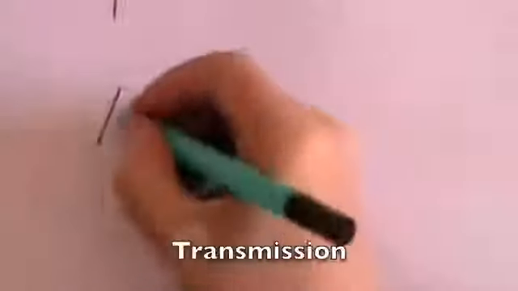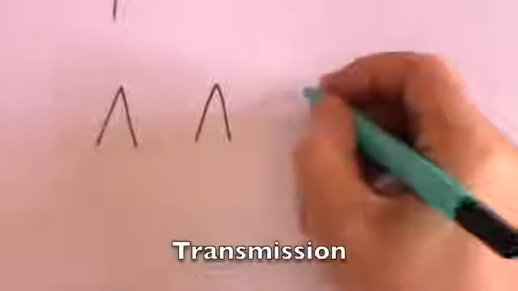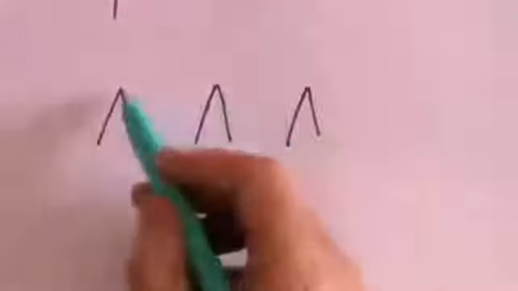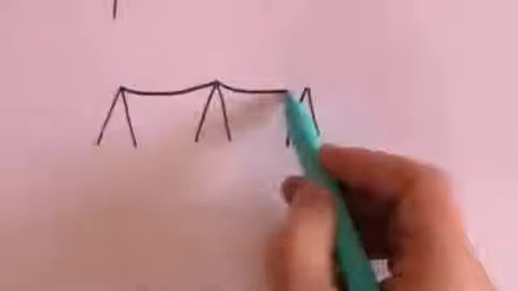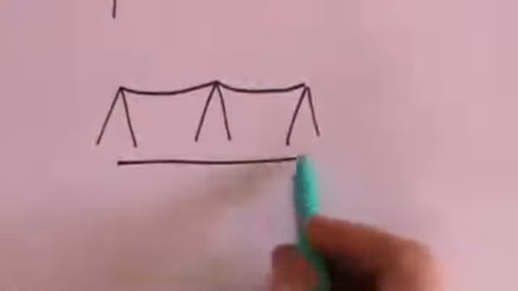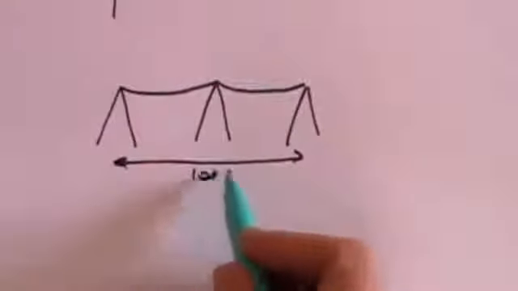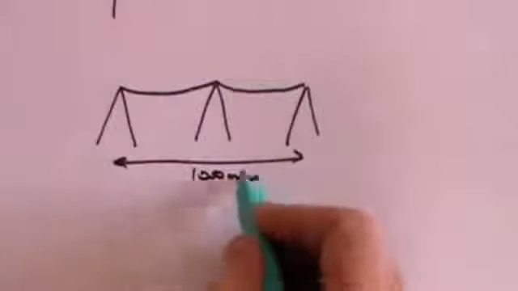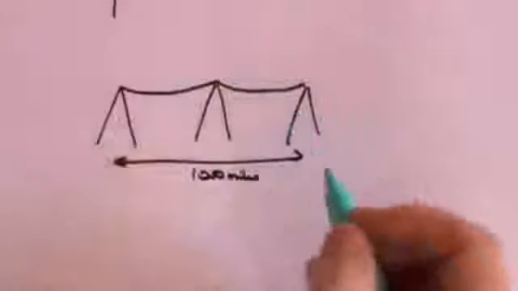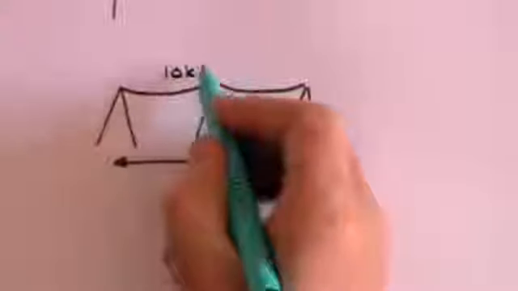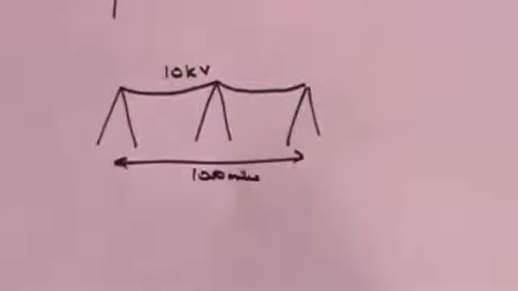I said earlier that we transmit electricity across the country on pylons with electrical wires. Now this might go on for 100 miles of pylons and electric cables. And I said that we tended to transmit at 10 kilovolts or more.